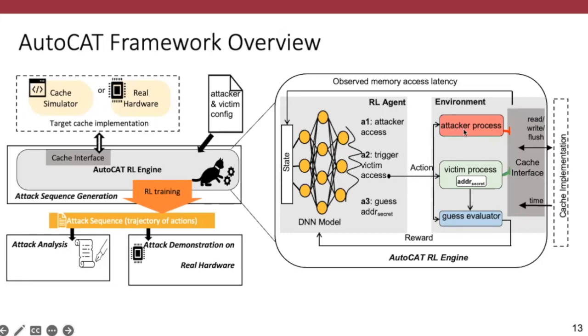If it's an attacker access, the attacker process will query the cache through the interface. And the victim process will hold a secret address. If the attacker makes a guess, the guess evaluator will match that result with the secret address to see whether this is a successful attack or not. So with this, with the PPO algorithm, we train the model.